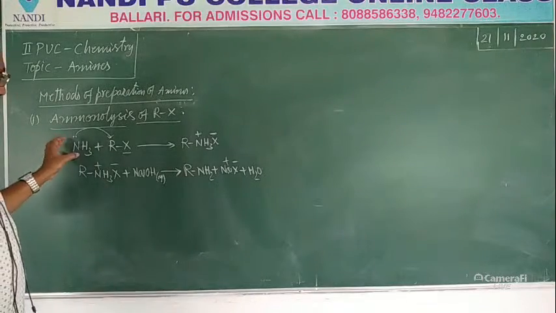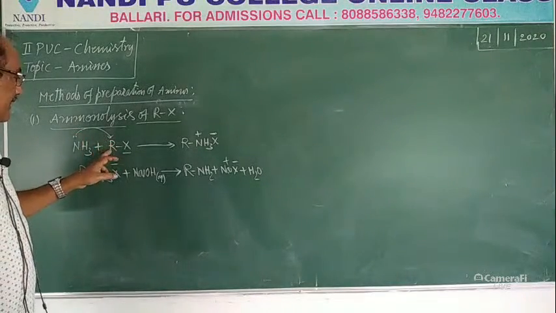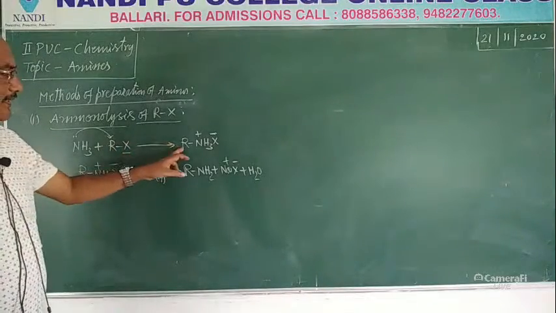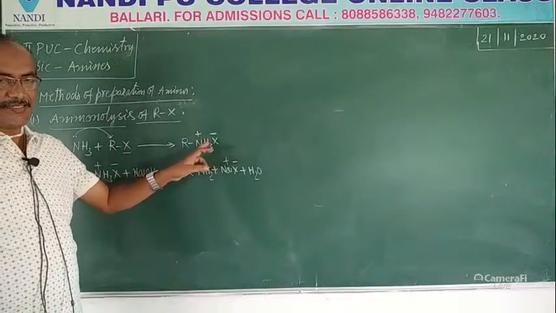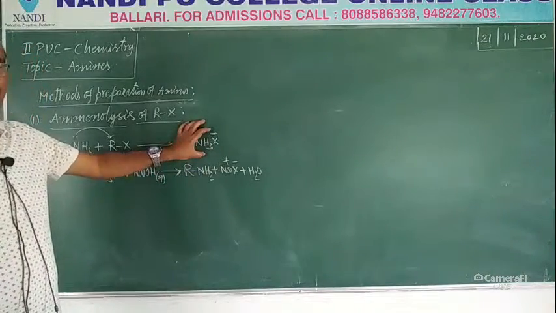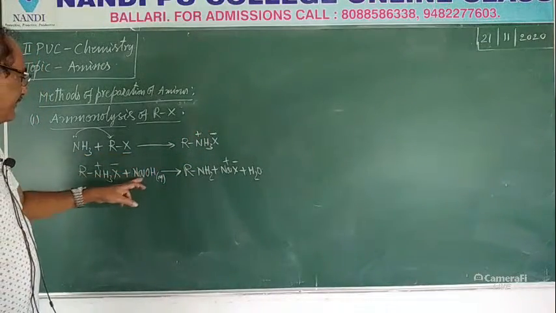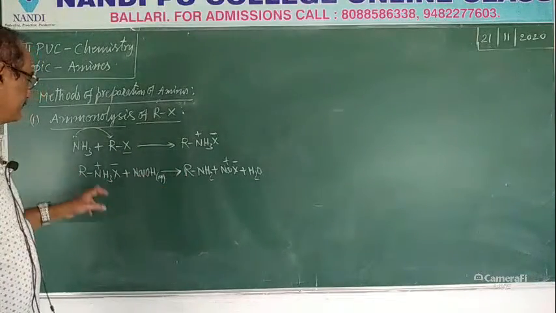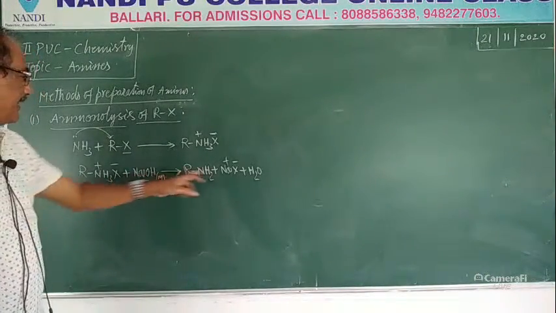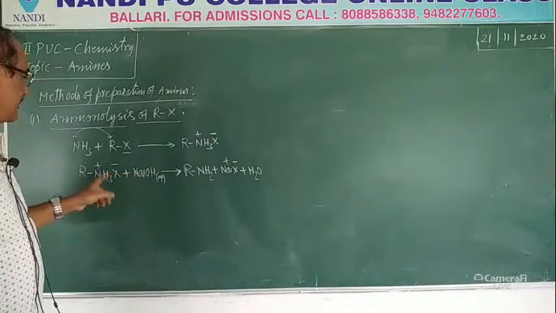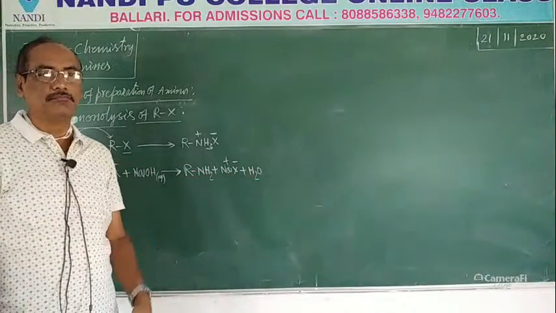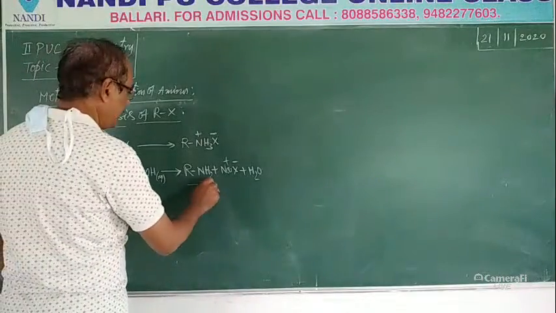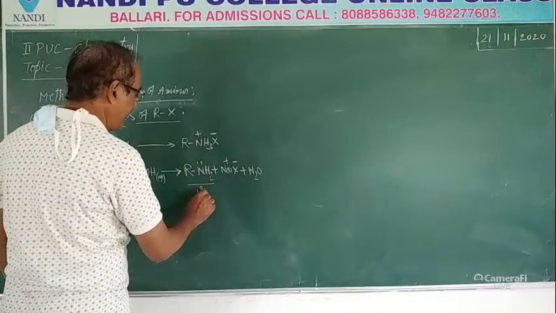That means whenever ammonia reacts with alkyl halide, we get alkyl ammonium halide. It's a salt, so from this we can extract the amine by treating with NaOH. When you treat this with NaOH, you will get amine, NaX and H2O. Right, children? What we get is a primary amine.